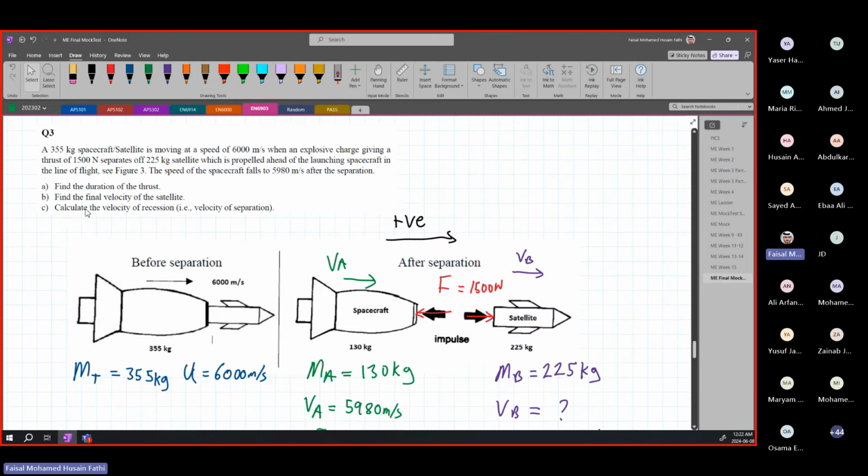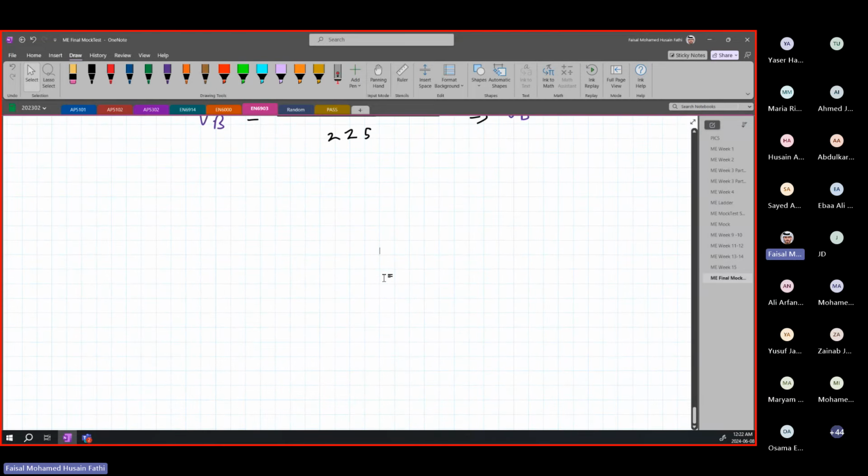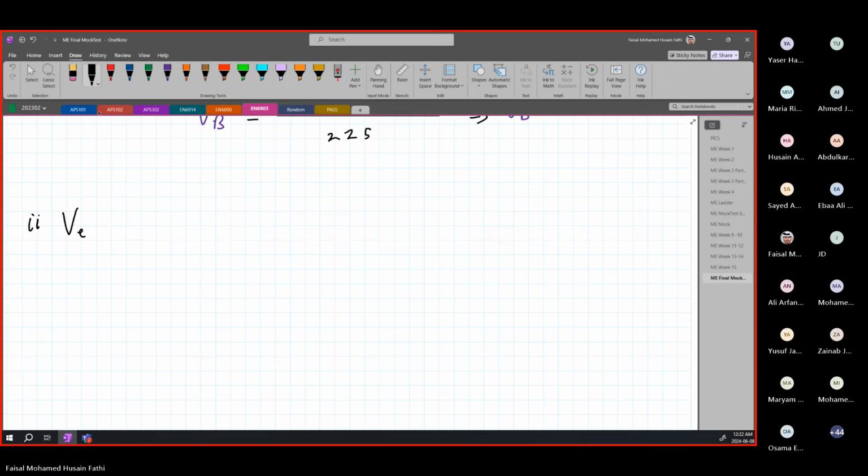Part 3, it says calculate the velocity of recession. All right.